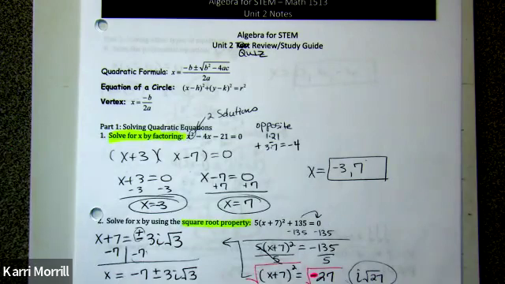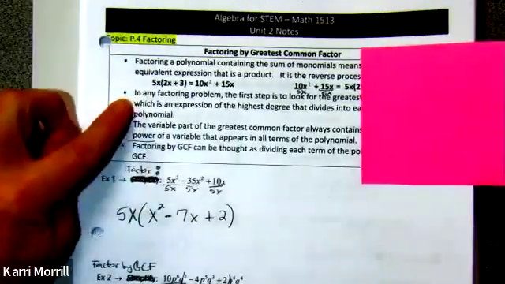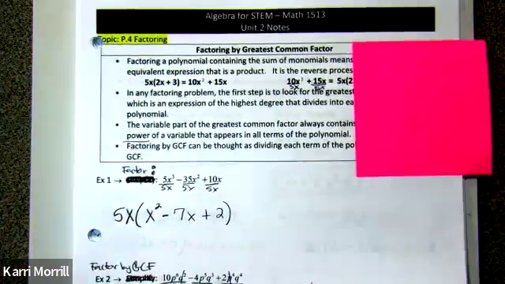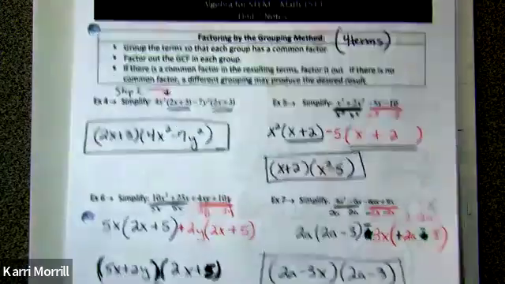But now that we're doing it a little bit differently, I do put a couple factoring problems on there. So it wouldn't hurt for you to flip through your unit 2 notes and take a look at factoring, because we don't always factor.